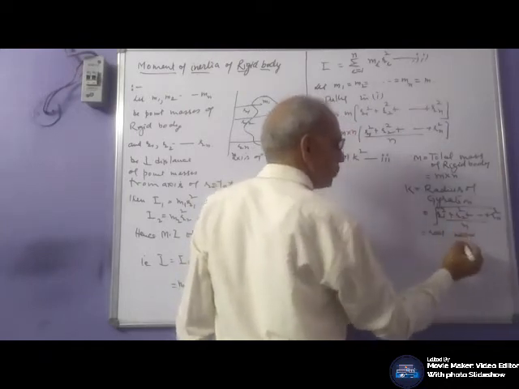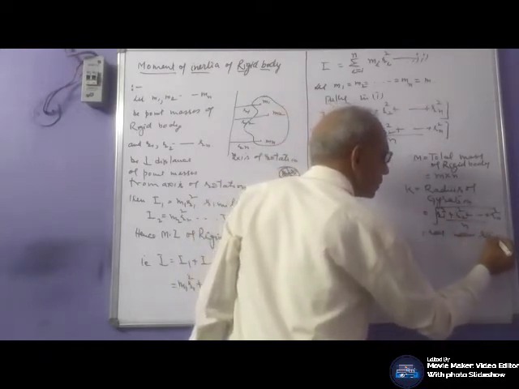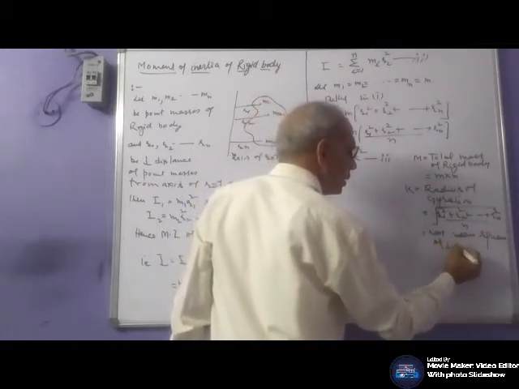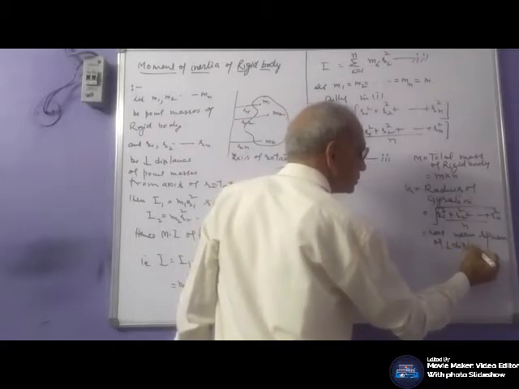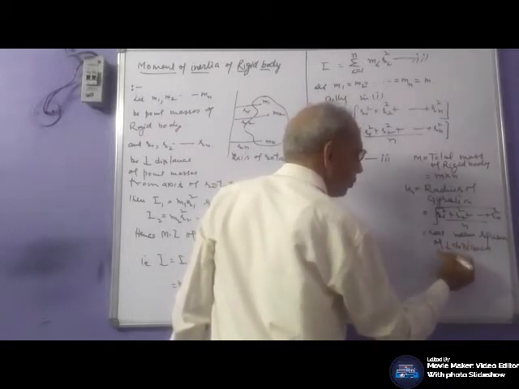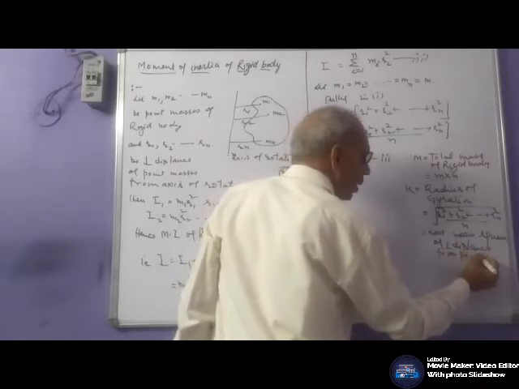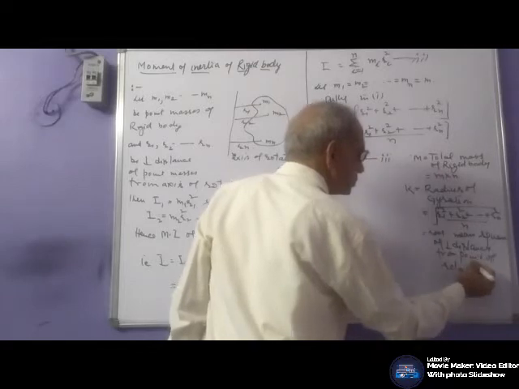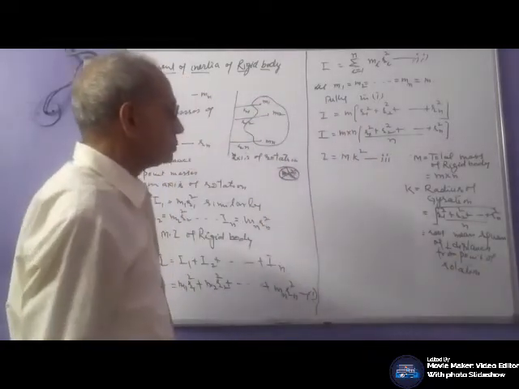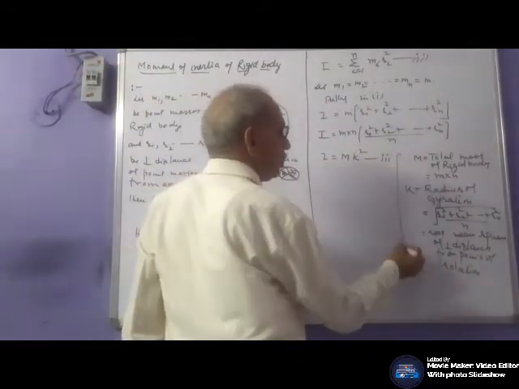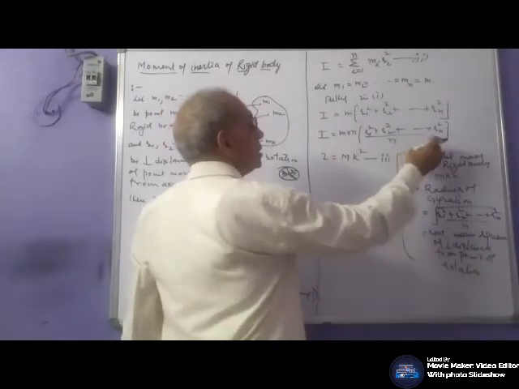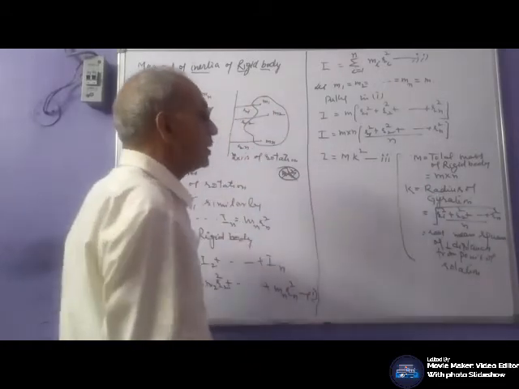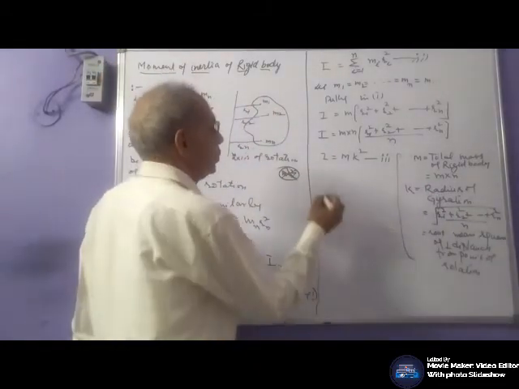This is the root mean square of perpendicular distances from the axis of rotation. So this is k, and its name is radius of gyration.